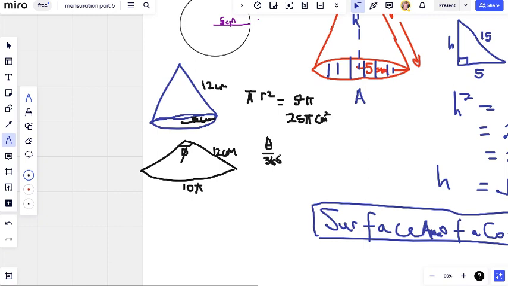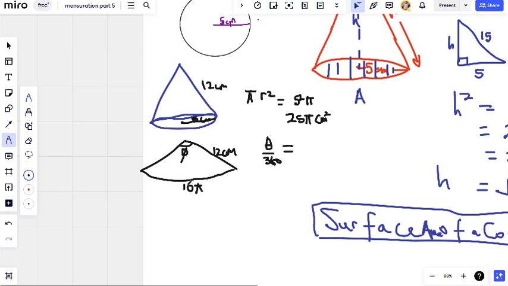Let's find the arc length. Phi over 360 is the same as, remember this one, the arc length?